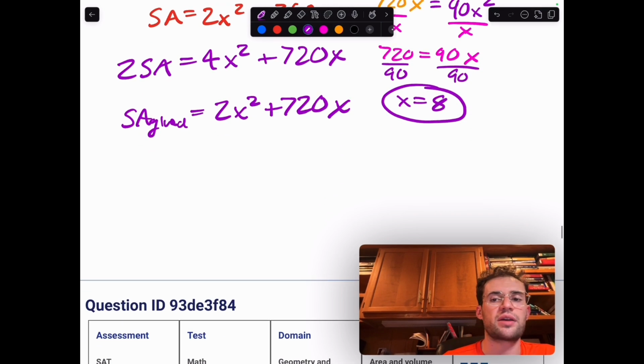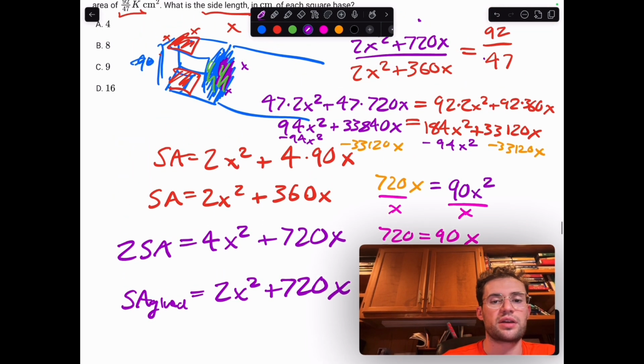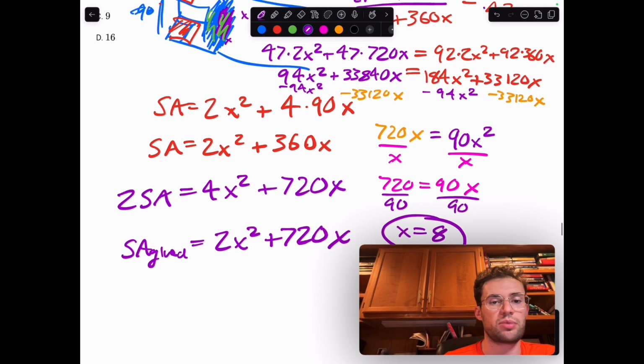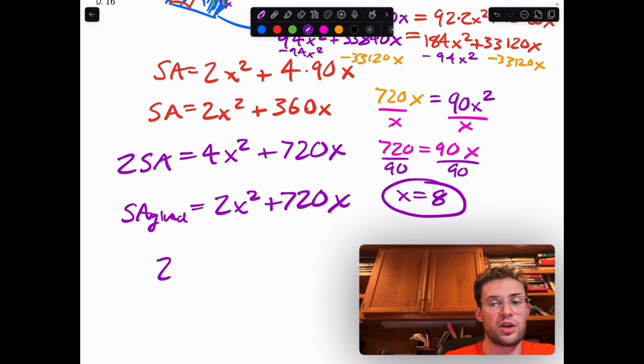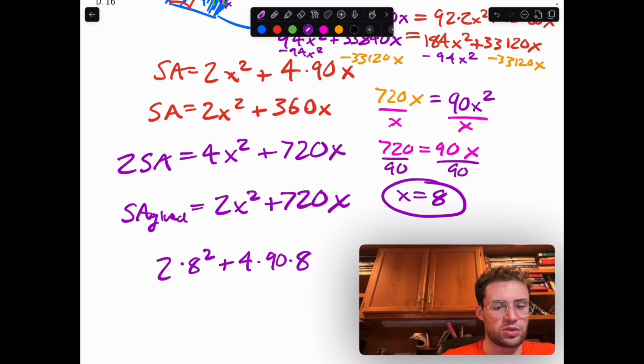And to check that, we could find the surface area of the original shape, which should be k. So it's 2 times 8 squared plus 4 times 90 times 8. So 2 times 64 plus 4 times 90 times 8 gives us 3,008. And that's the surface area of the original thing.